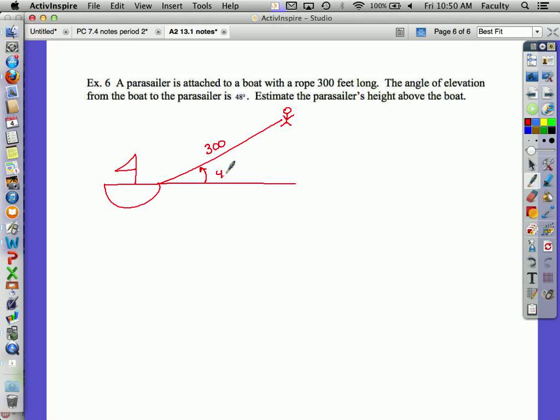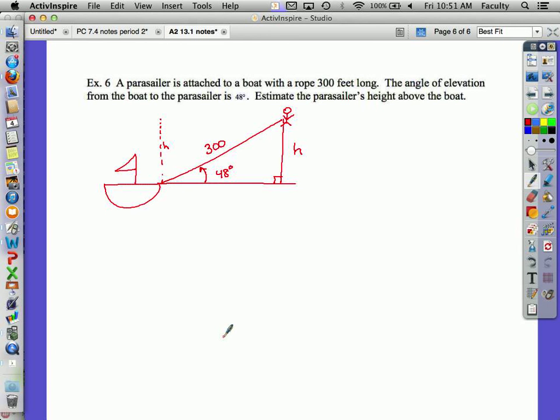It's 48 degrees. And what we're going to do, and we do this in mathematics a lot, is drop a perpendicular, because if it's a right triangle, I've got good tools in my belt. I've got SOHCAHTOA in there now. So if I want to know the parasailer's height above the boat, I'm not looking for the length of the rope. This is the height. Do you see that? And really, there's a perpendicular parallel here to that height. So this is from 48 degrees opposite over hypotenuse.